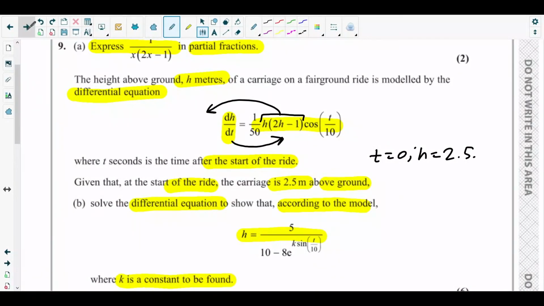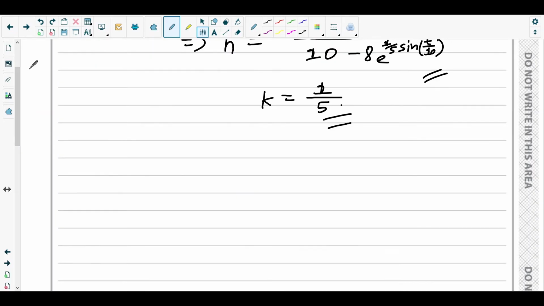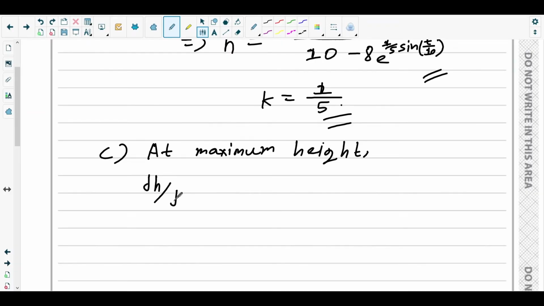So at maximum height, we know that speed is 0, isn't it? Vertical speed would be 0. So we can say at maximum height, dh over dt equals 0.